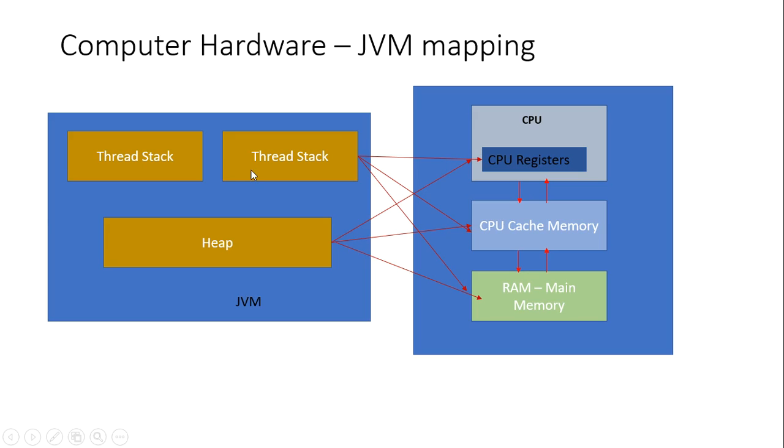RAM is your main memory, and cache memory is a bit faster when compared to main memory. Your CPU is the central processing unit that processes the instructions, and registers are small-sized memories present in the CPU.